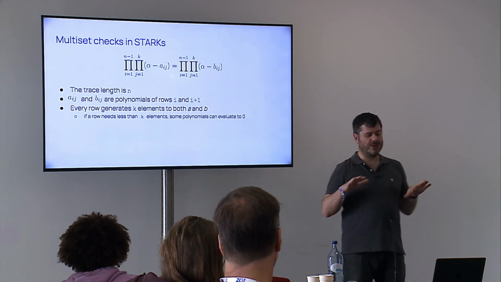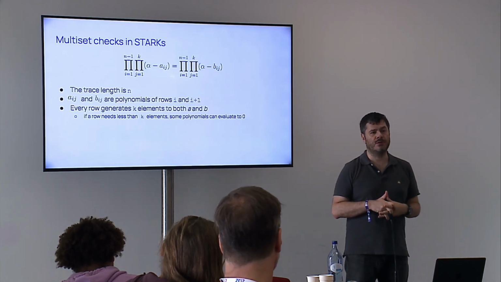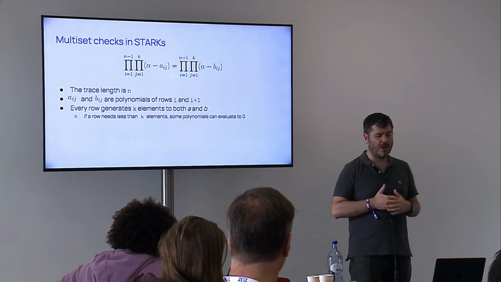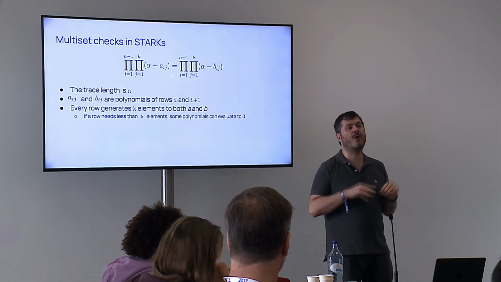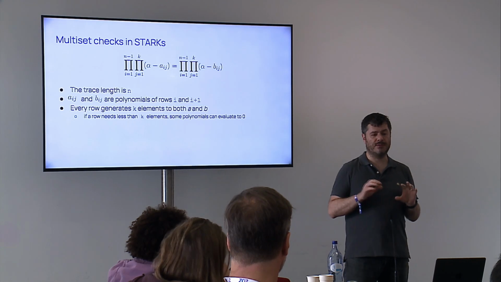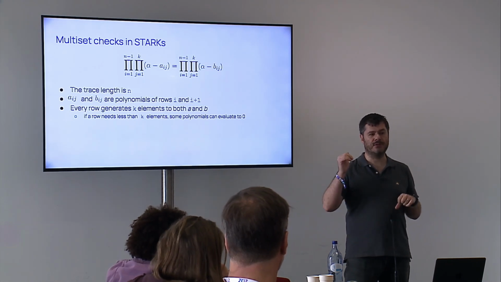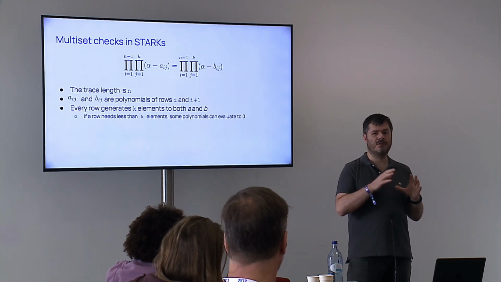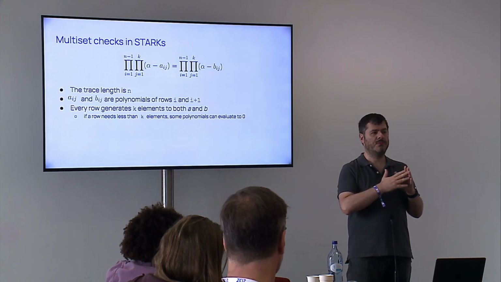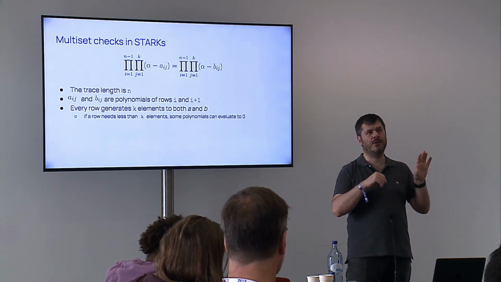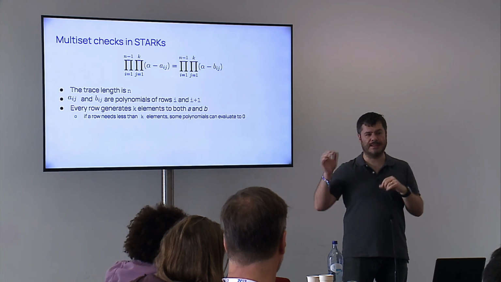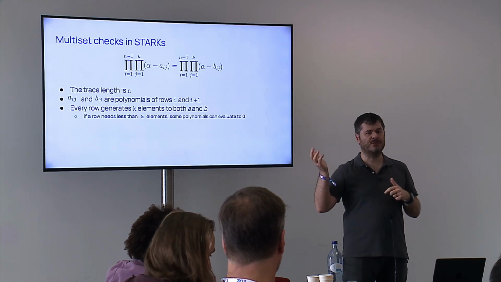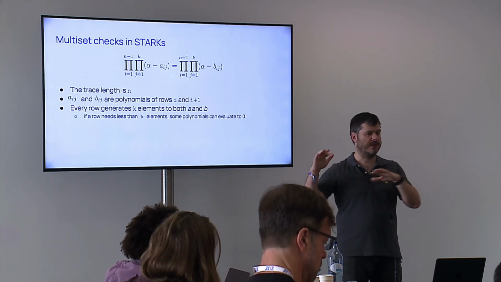This is a more general form of describing it, because every row can contribute multiple values to a multi-set check. There is a constraint on how many values per row you can contribute, and this constraint is usually run into the degree bound. In this setting, when we use multiplications, you can add some values to the set that you want to multi-set check against, but if you put 8, the degree of your constraint may need to be 8, unless you introduce additional columns to reduce the degrees.